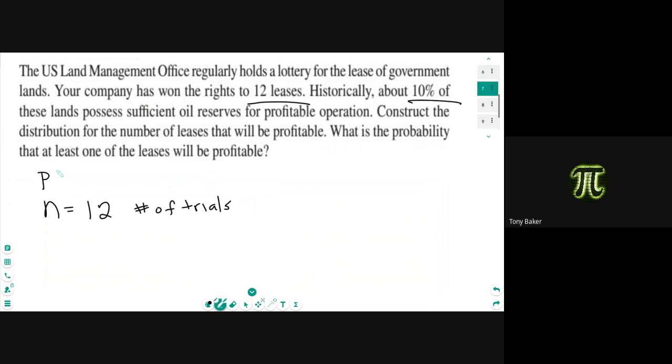So the probability of success is 10% or 0.1. All right, so that's the probability of success. Okay, we need one more piece of information. There's three things I have to plug into that calculator.